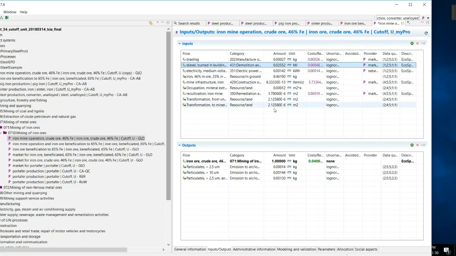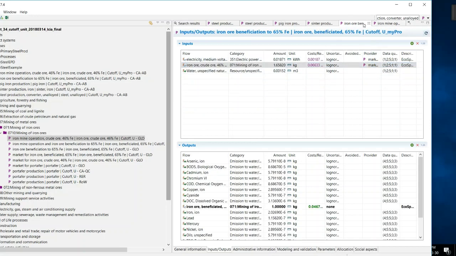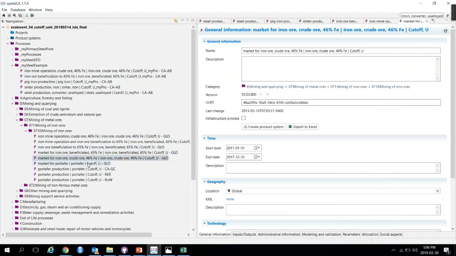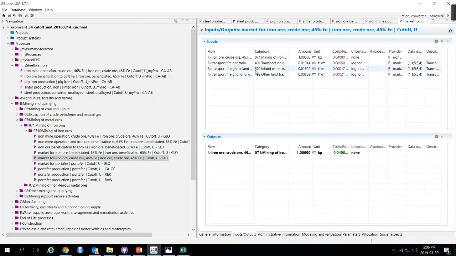Okay, so we can save this then and go back to the iron ore beneficiation. So we had the iron ore here. It was from the market. Again, we can do a similar thing just to see what ecoinvent assumed for the market mix. This is originally what they were assuming as the input, and they're assuming that there's a transport required to get the ore to the beneficiation plant, but not so much.